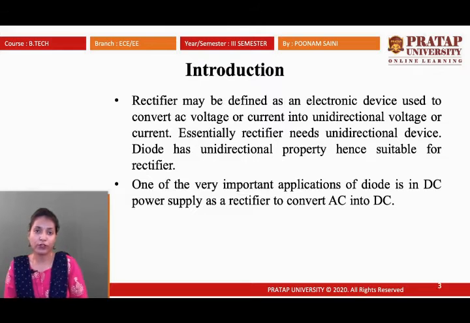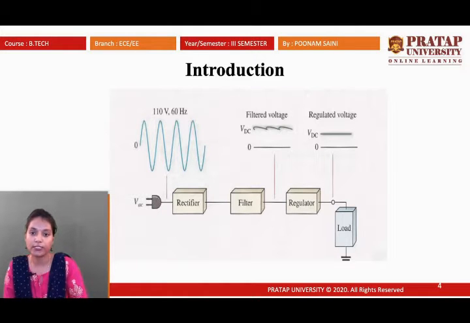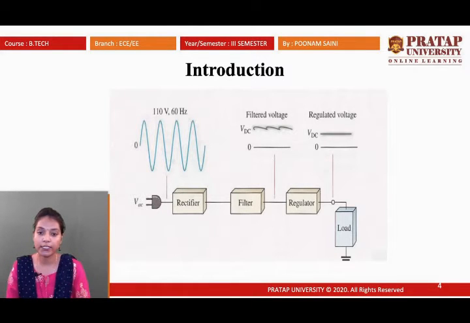One very important application of the diode is in a DC power supply, as a rectifier to convert AC into DC. Look at this diagram. First of all, this is the AC pulsating voltage or current, which now goes through a rectifier. The rectifier converts AC into DC.